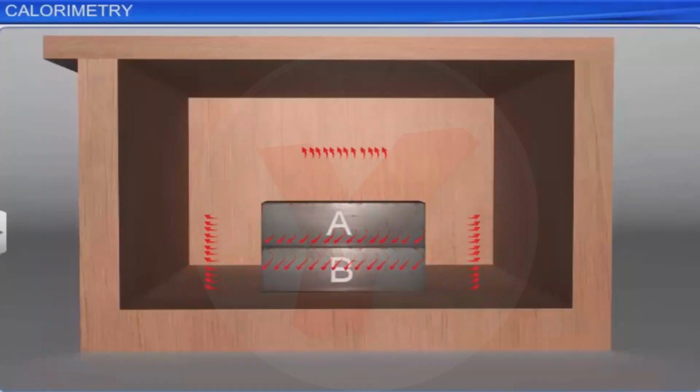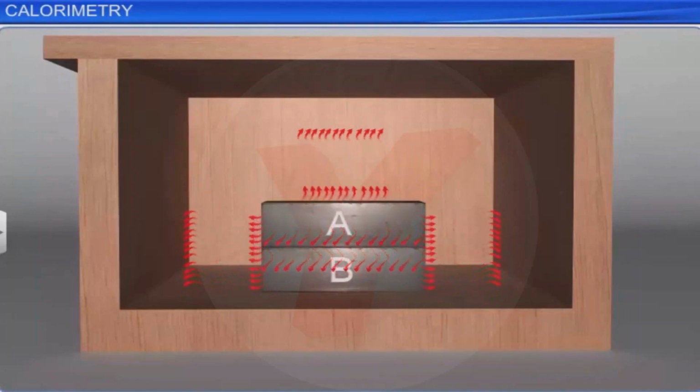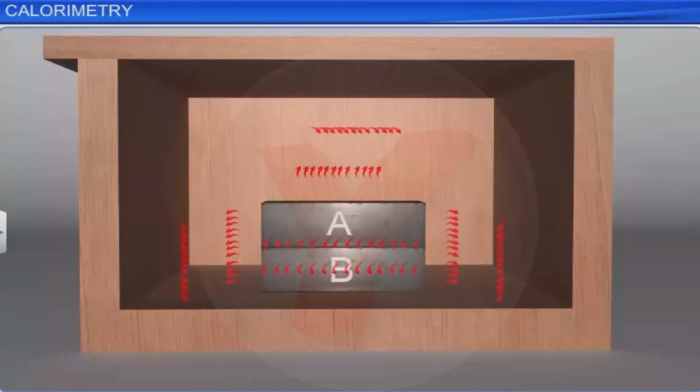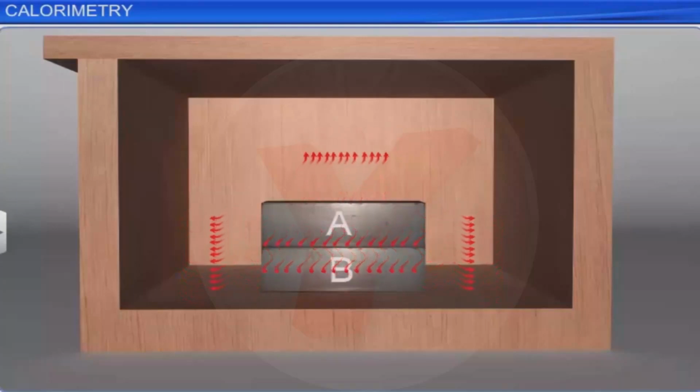This means when two or more bodies at different temperatures are brought into thermal contact, and if no heat is allowed to escape to the surroundings, then the total heat lost by the hot bodies must be equal to the total heat gained by the cold bodies. This is called the principle of calorimetry.